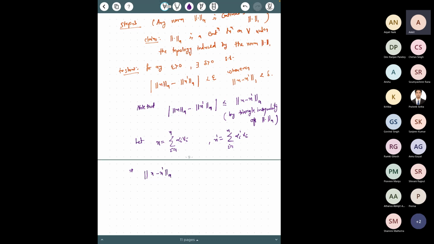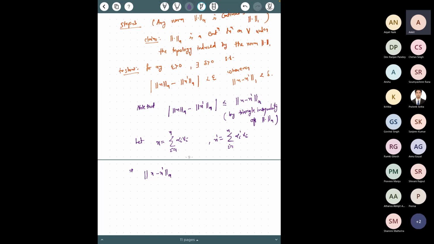Now, for a fixed epsilon, I want to show that there exists delta such that this is true, right? In order to bound this quantity using the triangle inequality, I am trying to bound this quantity here, because then I will eventually bound this one.